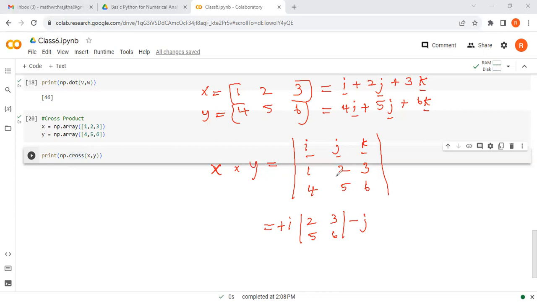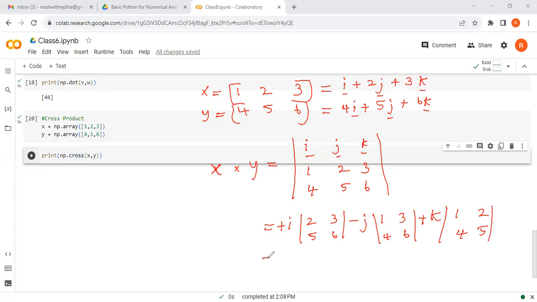We get the determinant of the rest: 1, 3, 4, 6. Then plus k. We omit the row containing k and the column containing k. The rest we get the determinant: 1, 2, 4, 5.